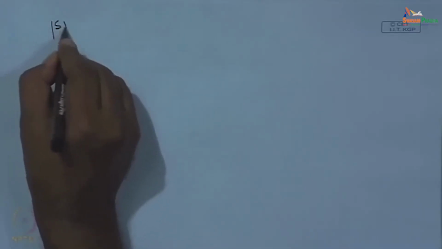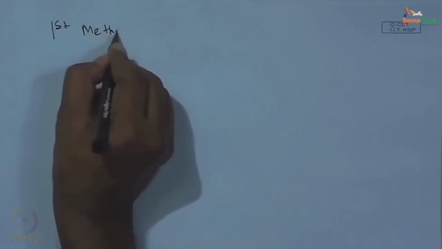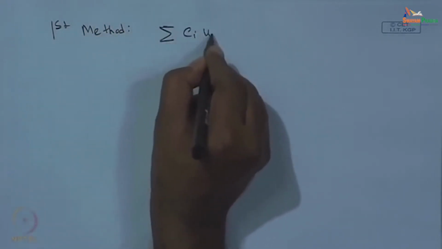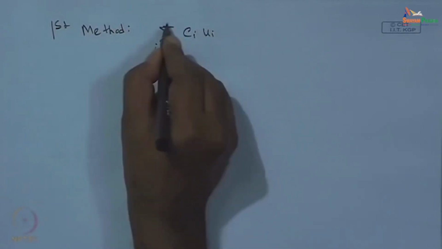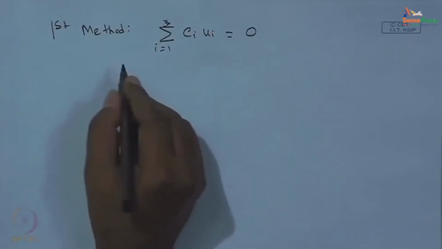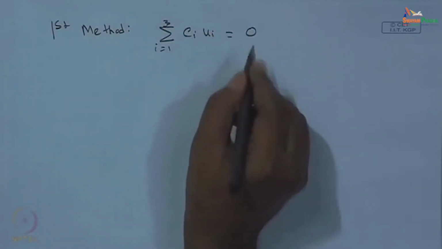Let us take the first method. Using the first method, we express the linear combination of the three individual vectors, summation Ci Ui, equal to 0. We consider this equation.